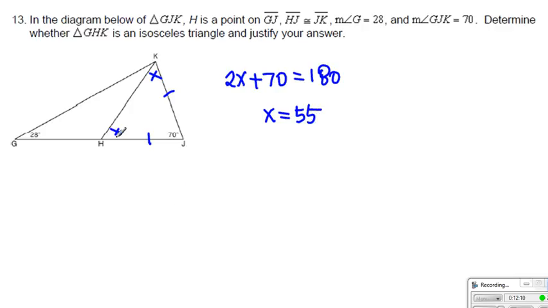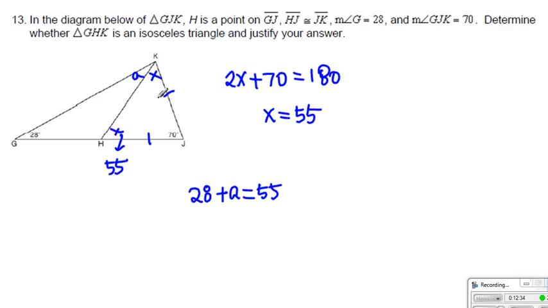Now, if this one is equal to 55, and knowing the fact that 55, this angle, is the exterior angle of this triangle on the left side, where this one is 28, let me call this one A. Then we get to realize 28 plus A must be equal to 55.